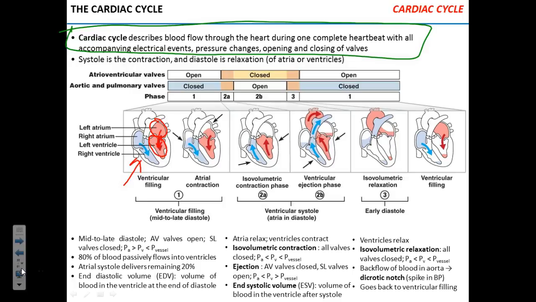So blood that goes into the atrium, in this case the left atrium, which vessels deliver it to the left atrium? Pulmonary veins. Okay, so pulmonary veins deliver the blood to the left atrium.